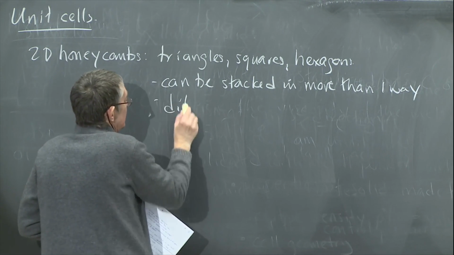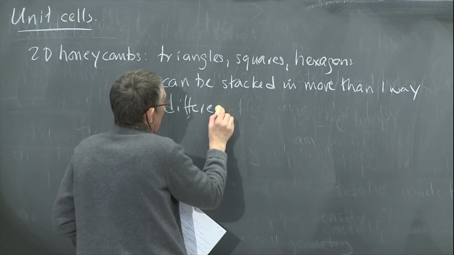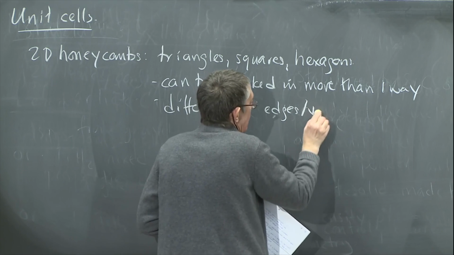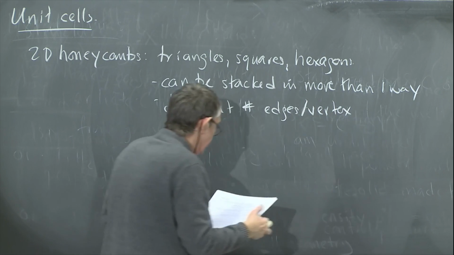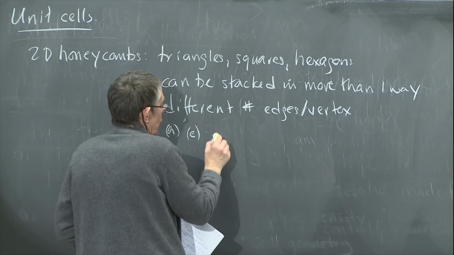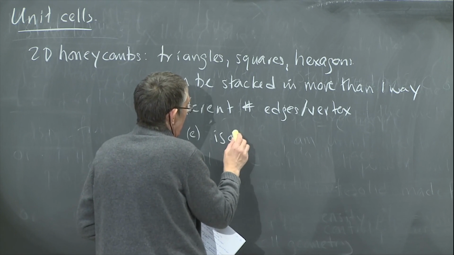And that gives different numbers of edges per vertex. And in that figure, A and E are isotropic for linear elasticity.